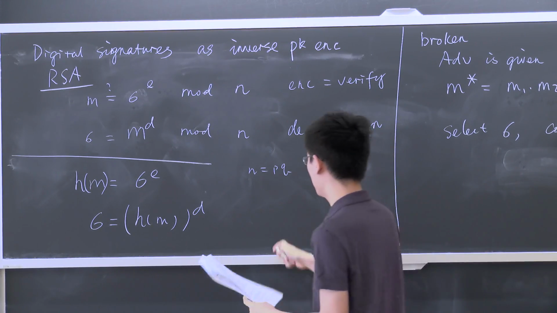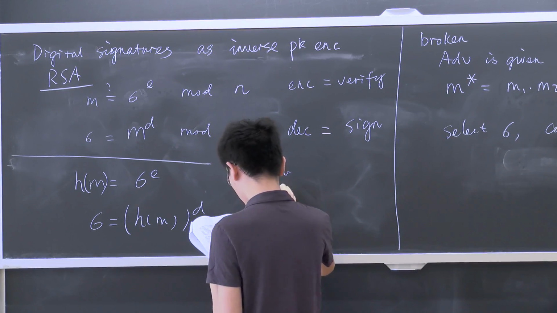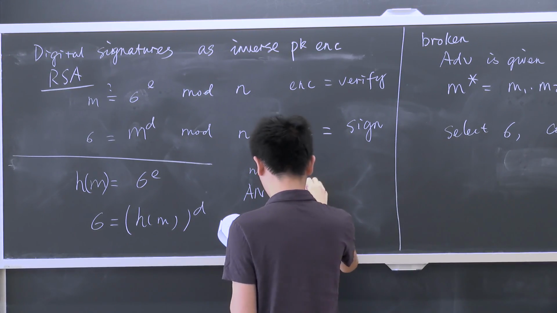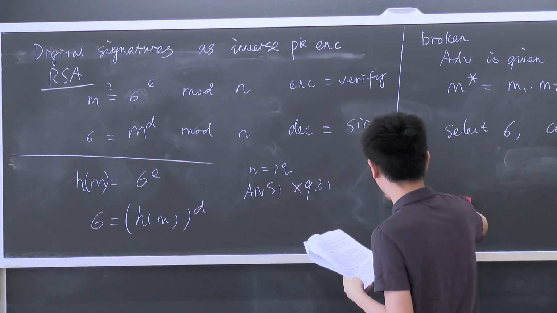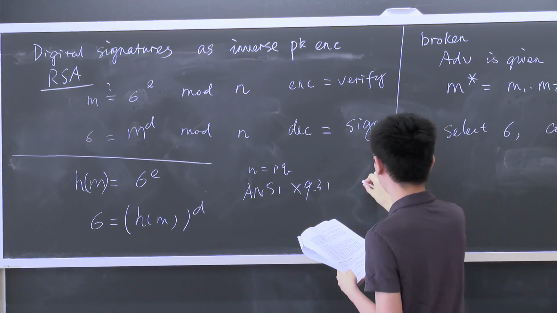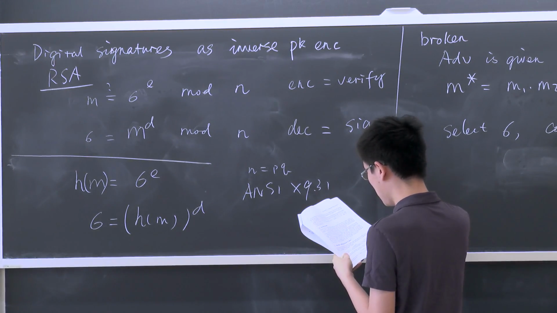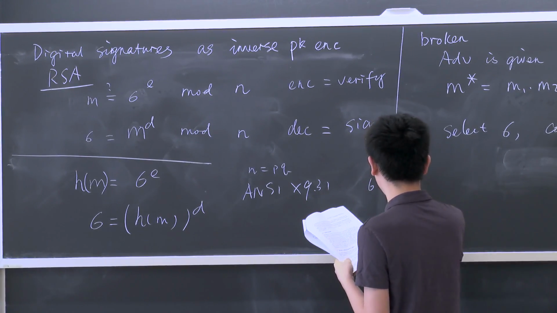Okay, so there's a standard called ANSI X9.31. It uses RSA on this weird padding.